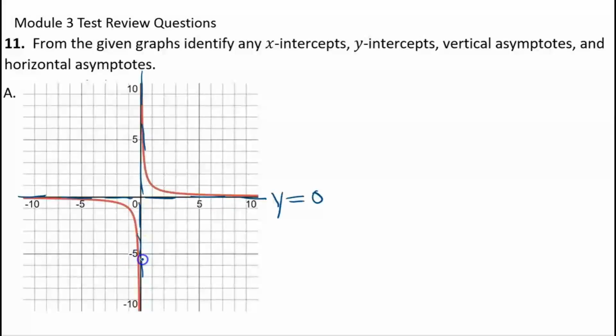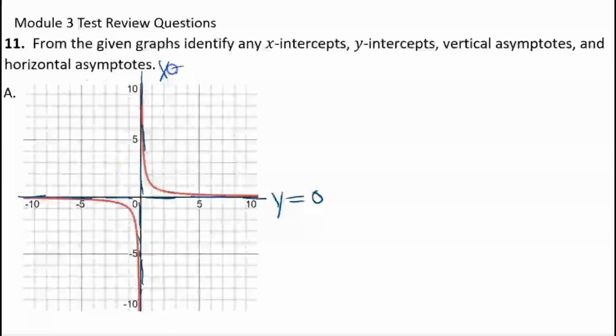The graph is getting closer and closer to that vertical line, but it doesn't actually touch it. The equation of that vertical line is x equals 0, because it's right there on top of the y-axis, which is x equals 0. Now, x-intercepts, it never crosses this line, even though it looks like it slides right into it, but it's always above it. It just gets infinitely close to it.